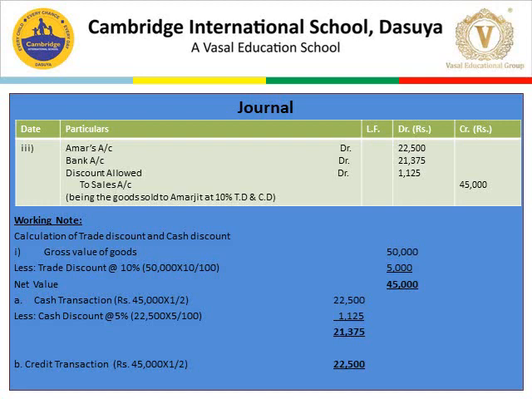Less cash discount at the rate of 5% on 22,500, that is 1,125. After deducting 1,125 from 22,500, we are left with 21,375. This is the cash received.